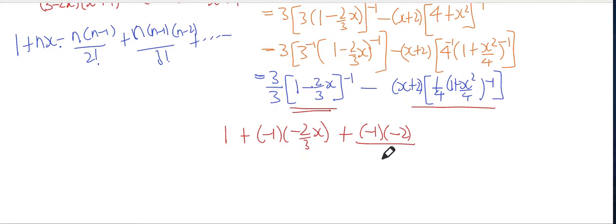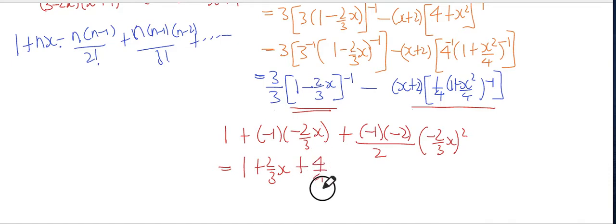So negative 1 minus 1, and then over 2 factorial, which is 2, and then you get minus 2 over 3 x. You've got to square that. So if I do this, I will get 1, so that's positive, plus 2 over 3 x plus 4 over 9 x squared.